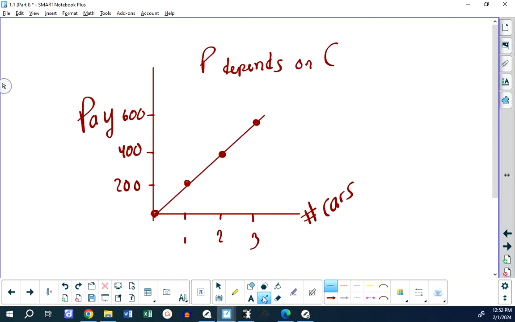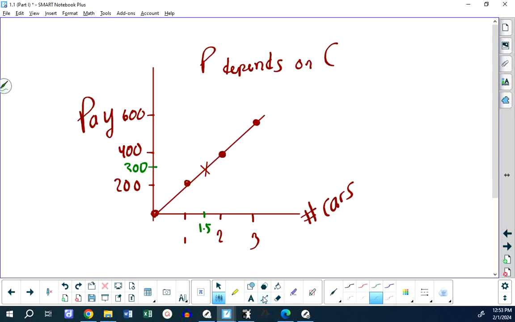Would you agree that this point right here is 1.5 comma 300? Yeah? Will he ever get paid $300? No, he can't work on 1.5 cars. It's 1, or it's 2, or it's 0, or it's 3, or it's 4. That's really important that you understand that.